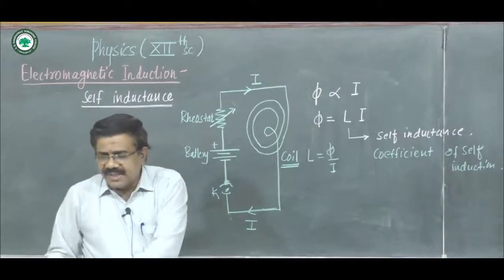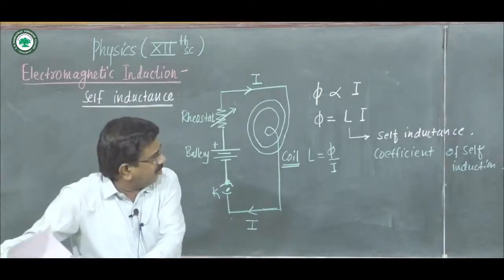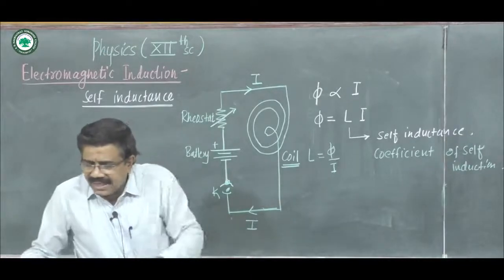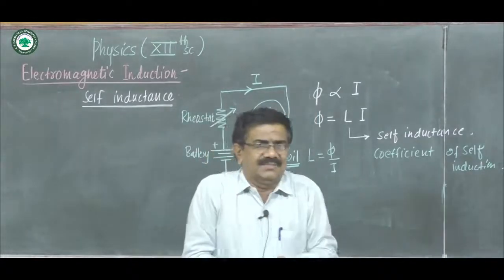Now in this self-induction, this is for the one turn of the coil. If coil has n turns, this phi is the flux for the one turn.